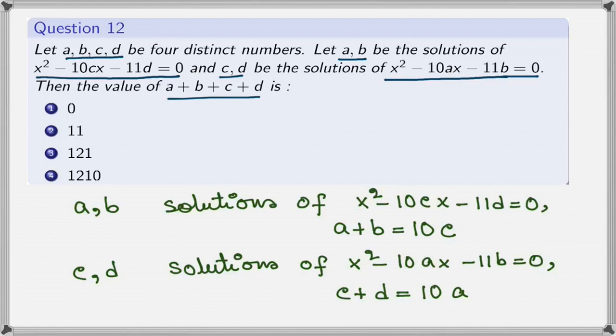So therefore, summing these two, we obtain a plus b plus c plus d is equal to 10 into (a plus c). So from here we see that to know the sum of these 4 numbers a, b, c and d, it is enough to know the sum of a and c.